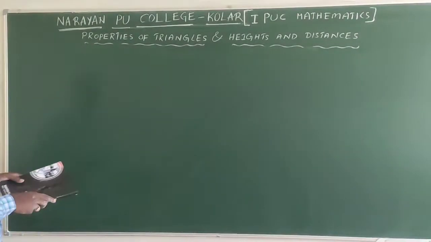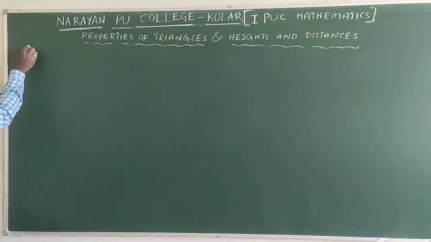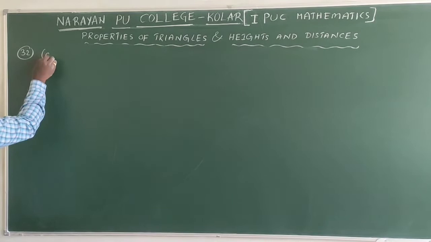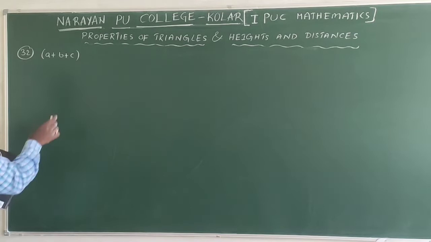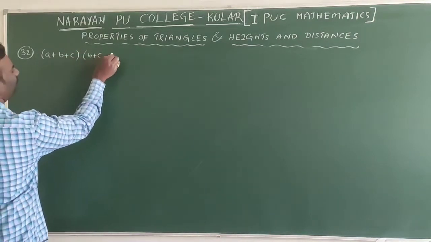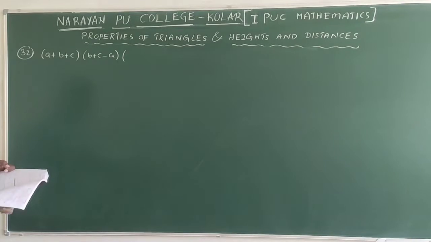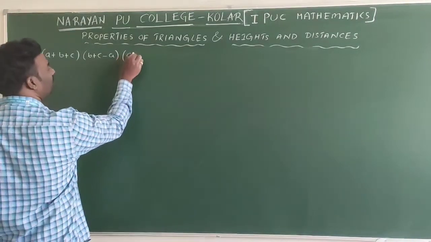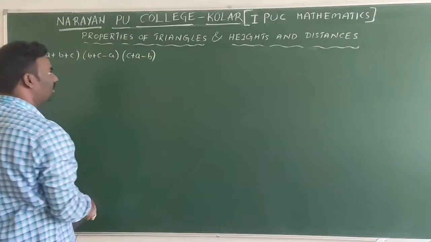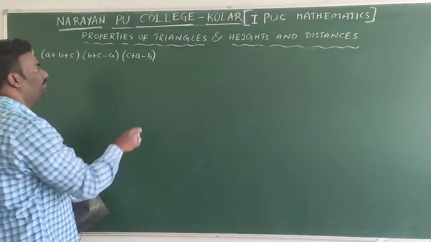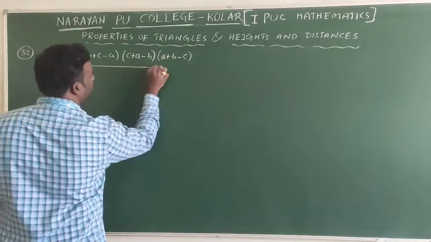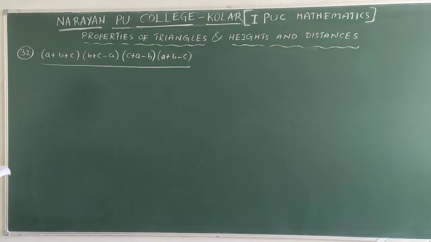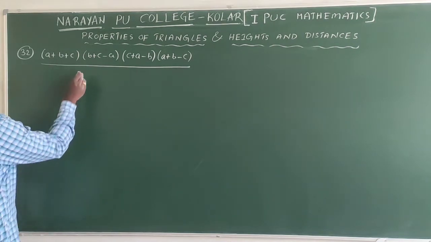Next, question 32. In triangle ABC, (a plus b plus c) into (b plus c minus a) into (c plus a minus b) into (a plus b minus c) by denominator 4 b square c square.